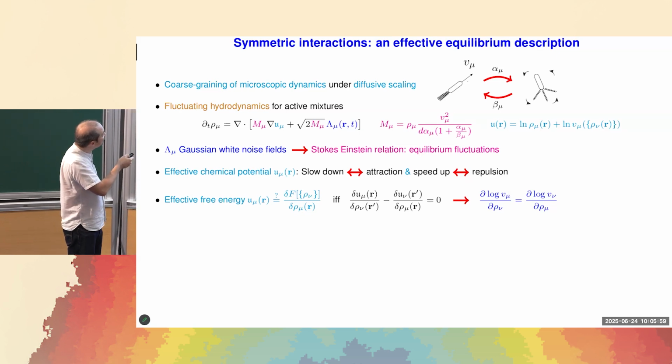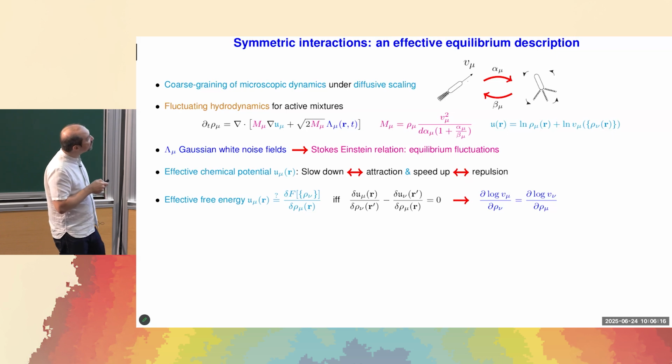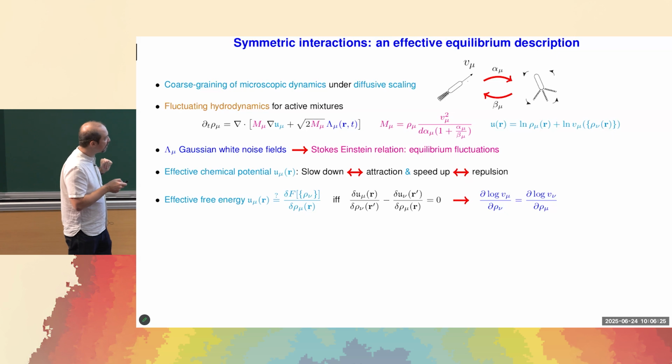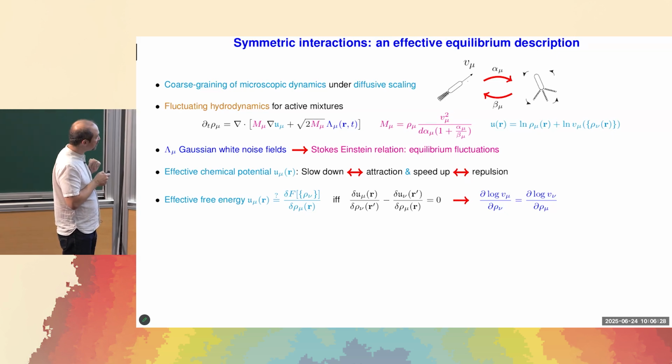So what you need is the functional derivative of u mu with respect to rho nu at r prime to be equal to the fully symmetrized one, the functional derivative of u nu at r prime with respect to rho mu at r. You can take this and inject it there. If you make a local approximation, meaning that v mu is not a functional of this field but just a function of this field, then the condition to get a free energy is that the way the log of my speed varies when your density changes has to be equal to the way the log of your speed varies when my density changes.